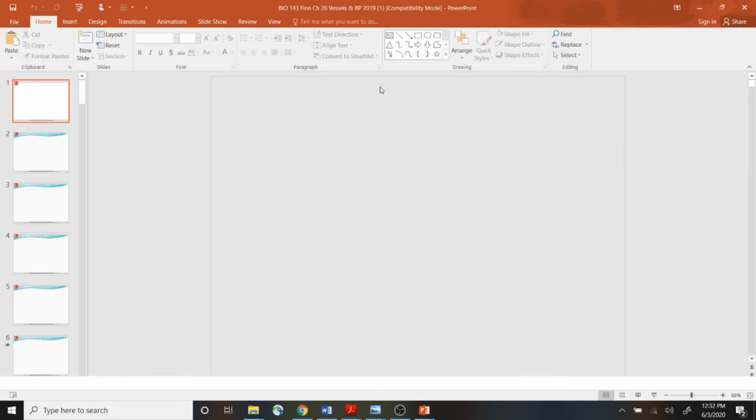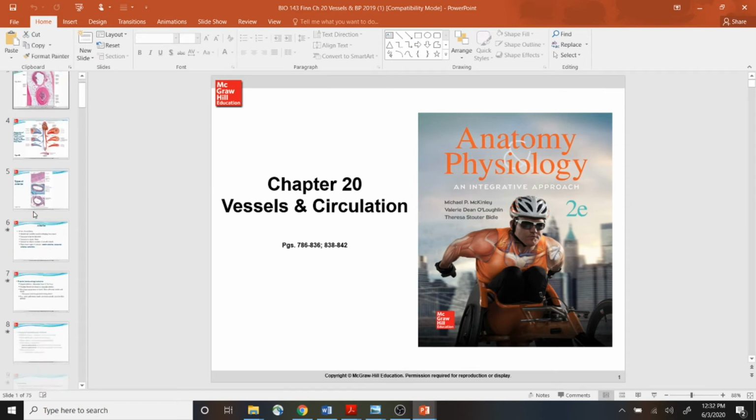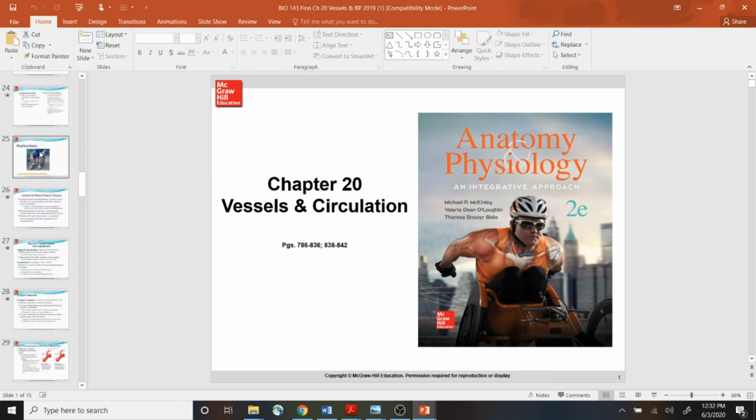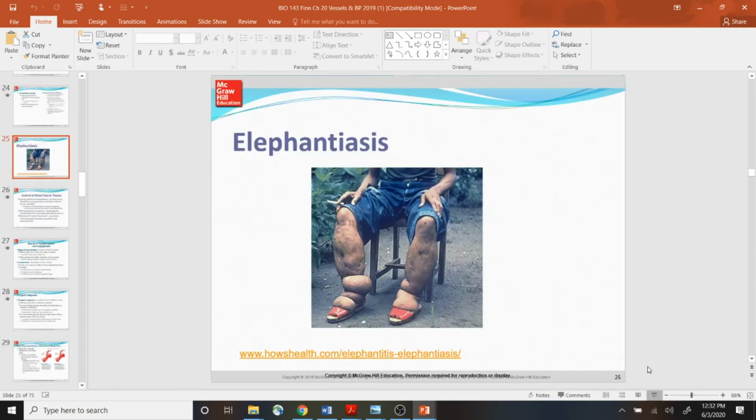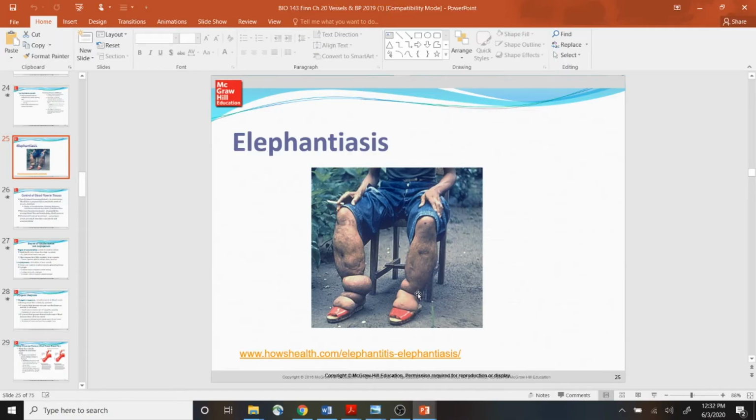In tropical areas, you could get bitten by a mosquito, and that mosquito could transfer the larvae of this particular parasitic worm into your bloodstream. Eventually that parasitic worm makes its way into lymphatic vessels and, as it reproduces inside, blocks them.